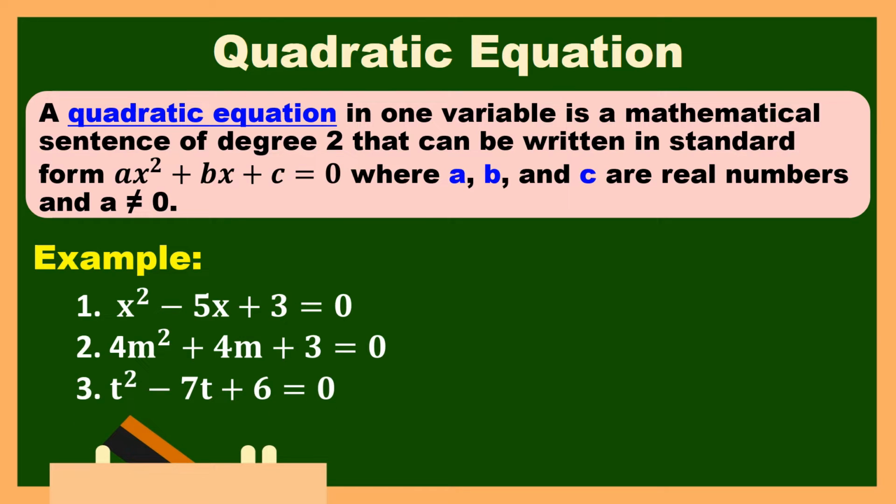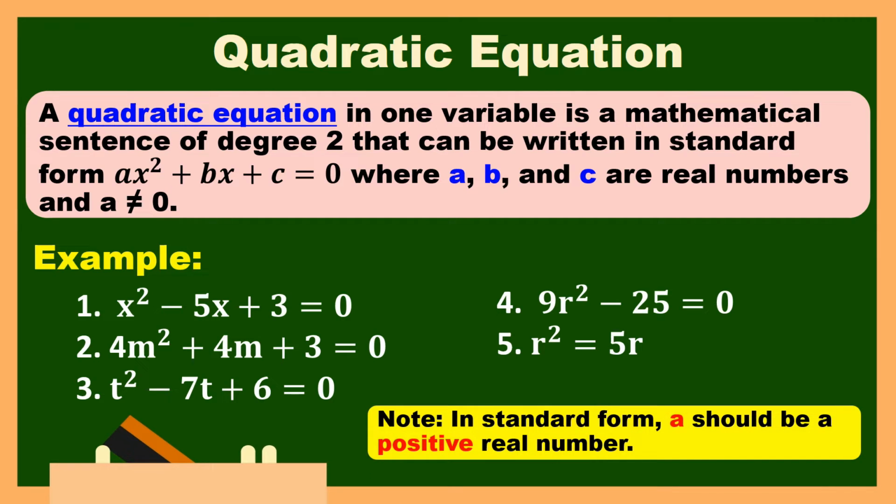Number 3, t squared minus 7t plus 6 equals 0. Number 4, 9r squared minus 25 equals 0. And number 5, r squared equals 5r. Tandaan, sa standard form, ang a dapat ay laging positive real number.